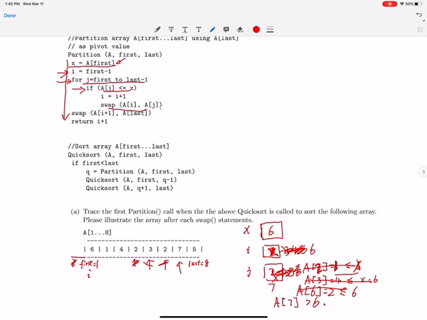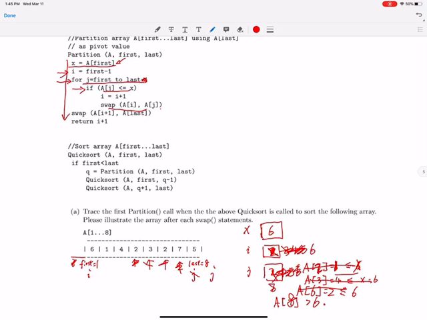Nothing will happen to i. j will be incremented to the last. A[j] is greater than 6, so also nothing happened. j will finally be greater than last. What happens next is that we swap A[i+1].